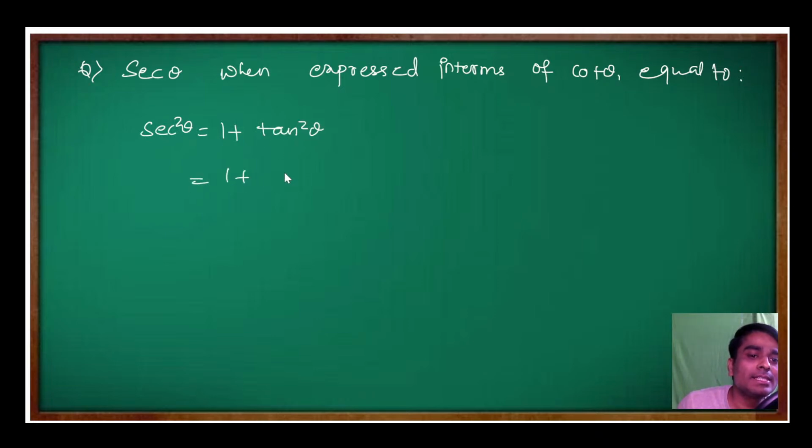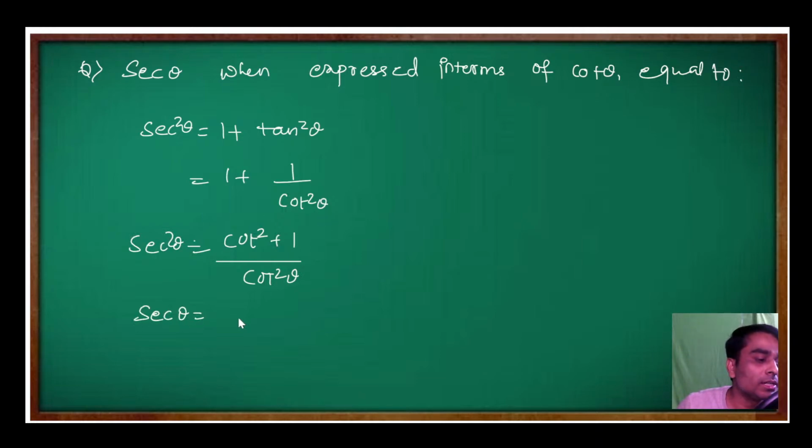Then I will write tan square theta as 1 by cot square theta, which becomes cot square theta plus 1 divided by cot square theta. Secant square theta is this. Then what is secant theta? I will put a root like this: root of cot square theta plus 1, divided by cot theta.